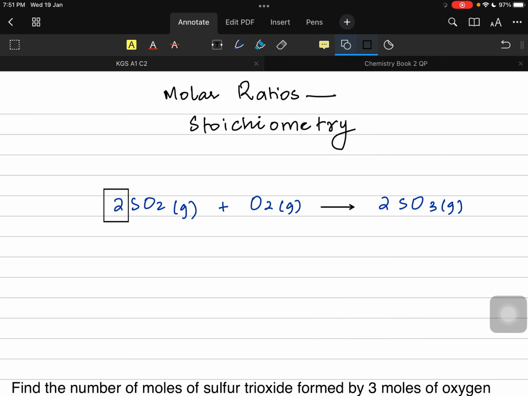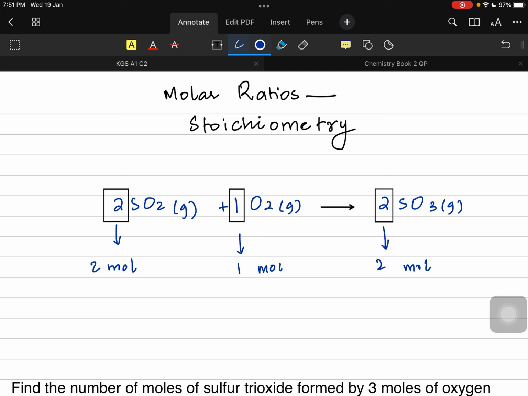This number written over here tells us the number of moles used. For example, right over here, it means 2 moles of sulfur dioxide react with 1 mole of oxygen gas to give us 2 moles of sulfur trioxide gas.